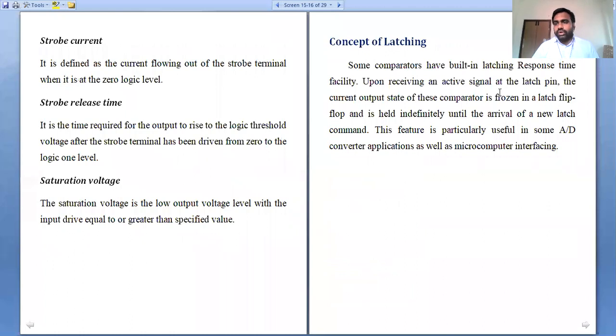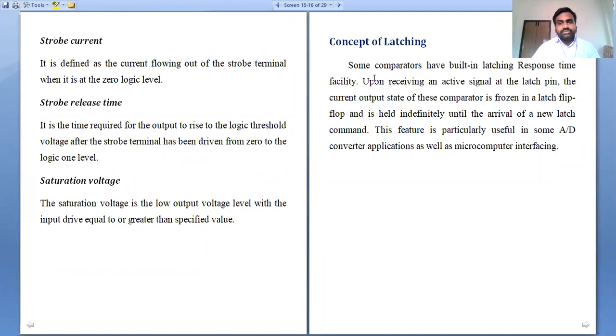Before going into the comparison of the output waveforms of ideal and practical comparators, let us discuss a small subtopic, the concept of latching. This concept comes up at the testing of the operational amplifier. Some op amps have an inbuilt latching response facility.